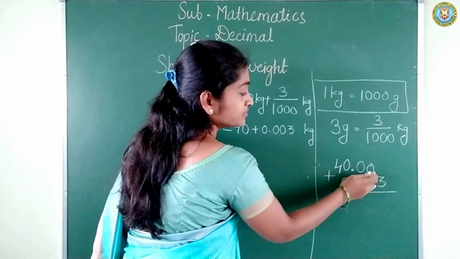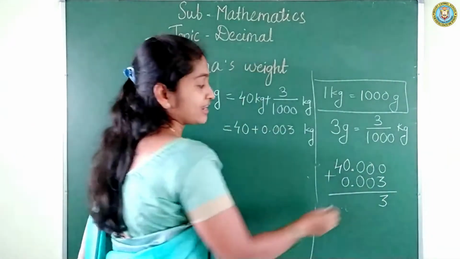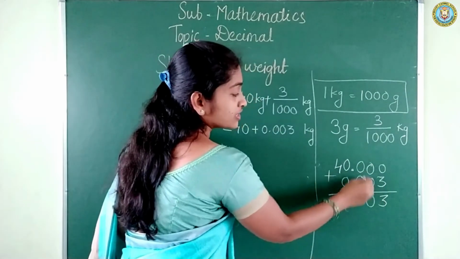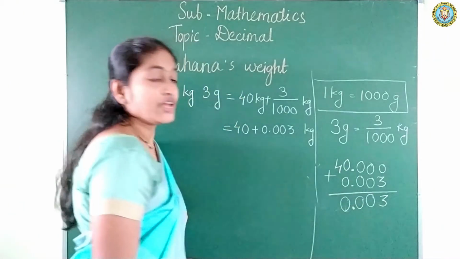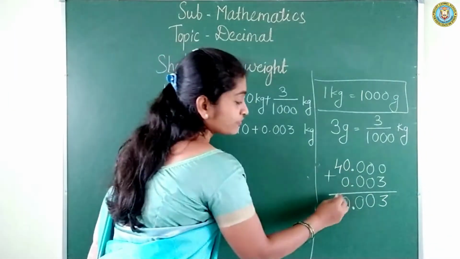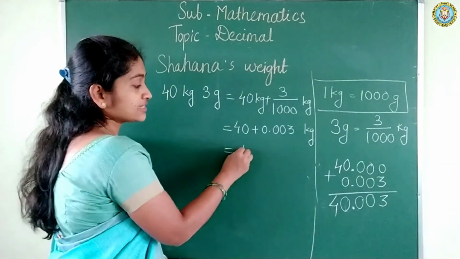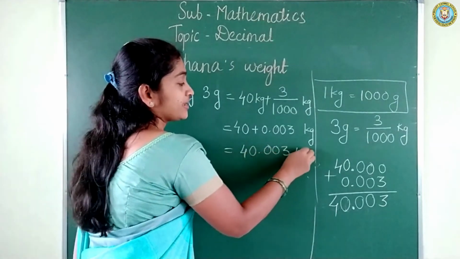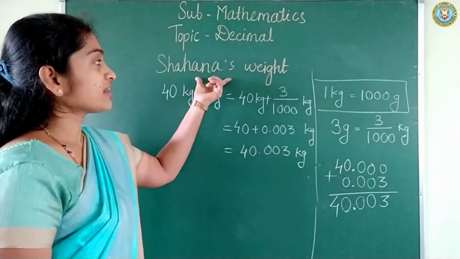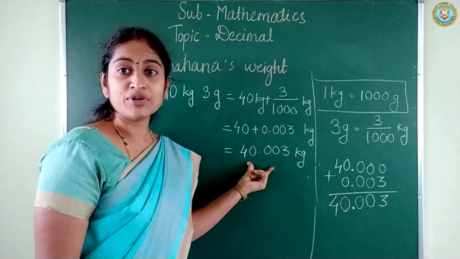How to add? 0 plus 3, that is 3 again. 0 plus 0, 0. 0 plus 0, 0. And below the decimal we have to put the decimal point. And 4 is brought down. Now the answer is 40.003 kg. Yes, we have converted Shahana's weight into this decimal form.